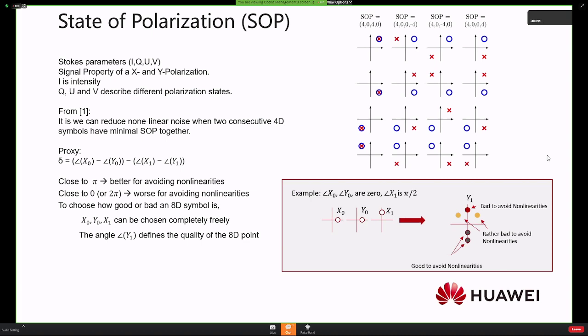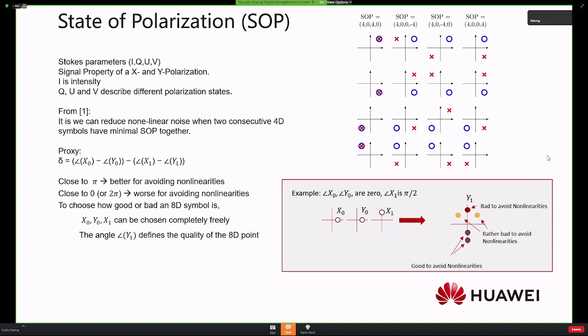So for QPSK, you can actually use a sort of proxy. You have four degrees of freedom in that sense, although you have eight dimensions. And the fun thing is that you can choose 3 of them freely, and the 4th determines if your signal will be bad or rather good.